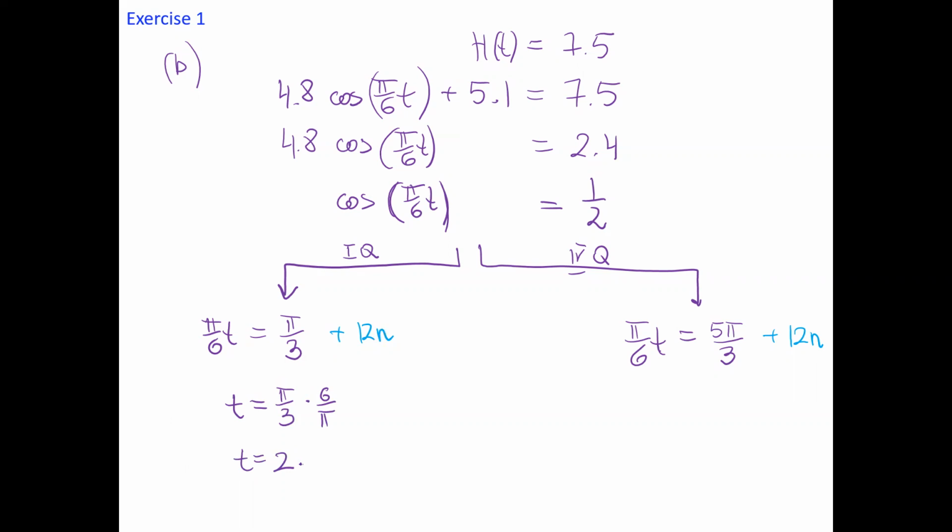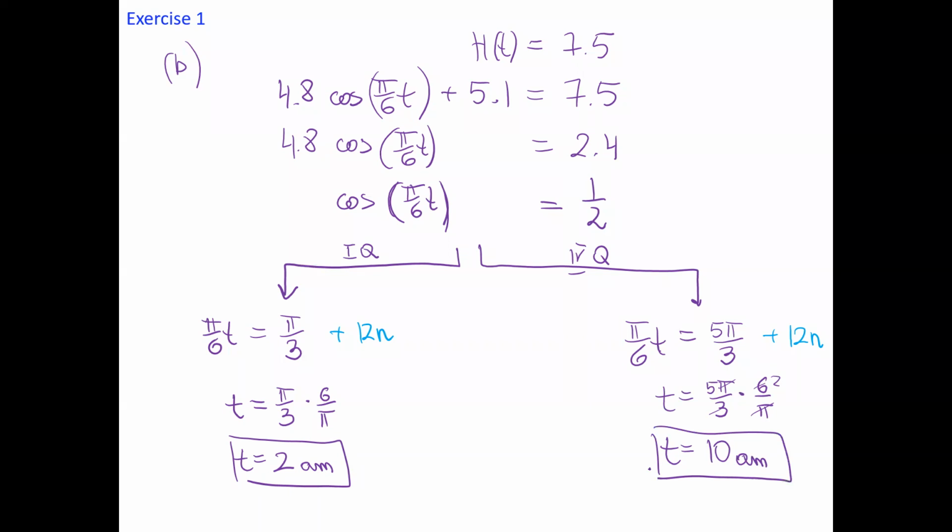It sounds like 2 a.m. We will see where we are in a minute. And when I divide both sides by pi over 6, multiplying by the reciprocal, pi will cancel out. This will be 2 times 5, 10. Let's say 10 a.m. But we will see, maybe 10 p.m., because it depends if I'm adding or subtracting.